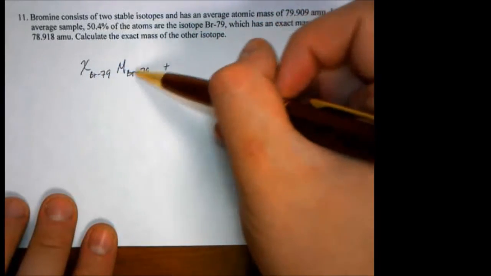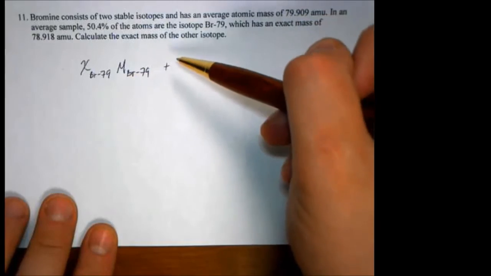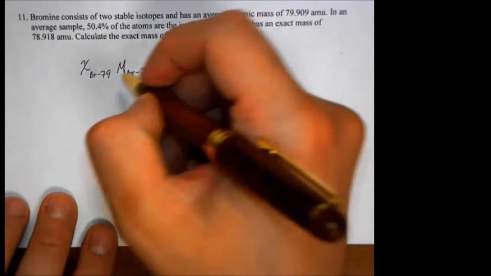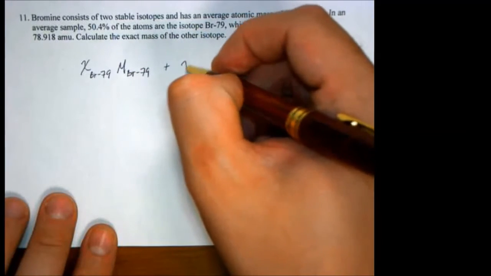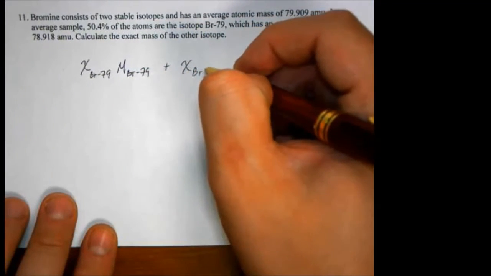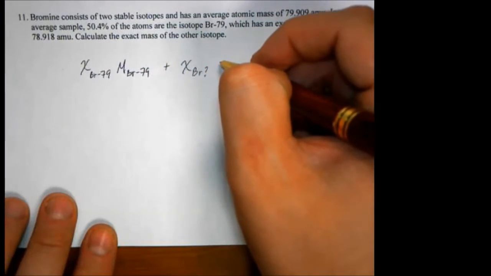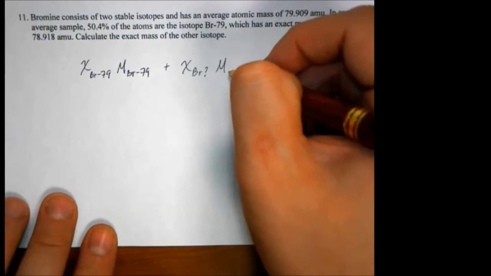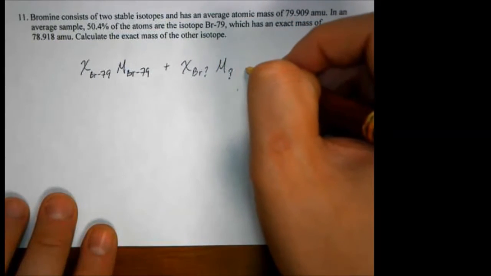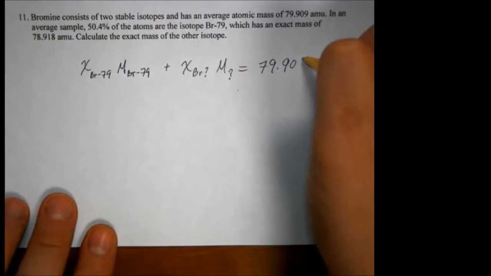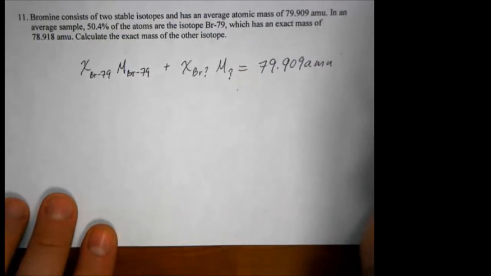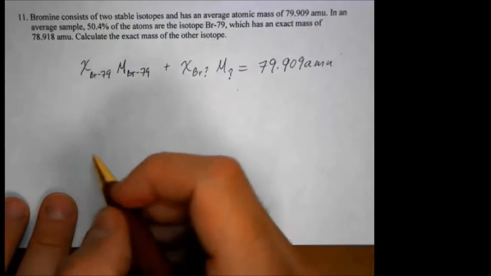We can write one of these terms for each of the two different isotopes. So we have the fractional abundance for bromine 79, we have its mass, and then we can put the fractional abundance for our other bromine times its mass that we want to solve for. And this has got to equal the average mass, which is 79.909 AMUs.